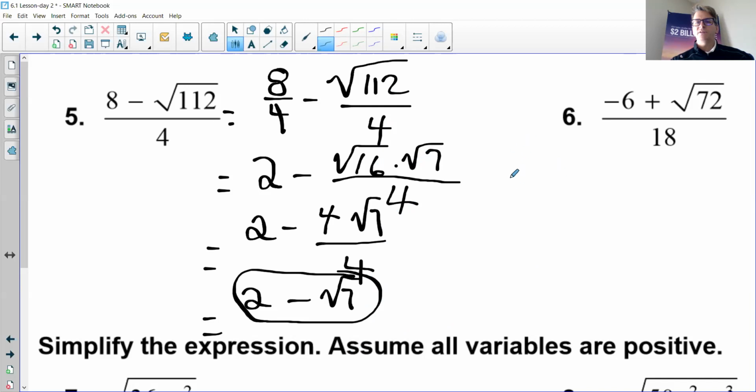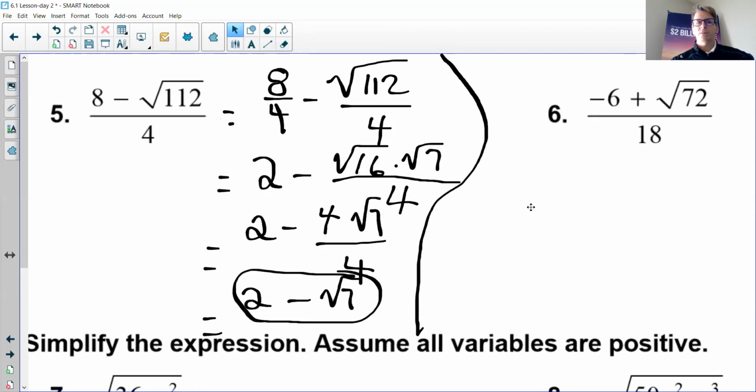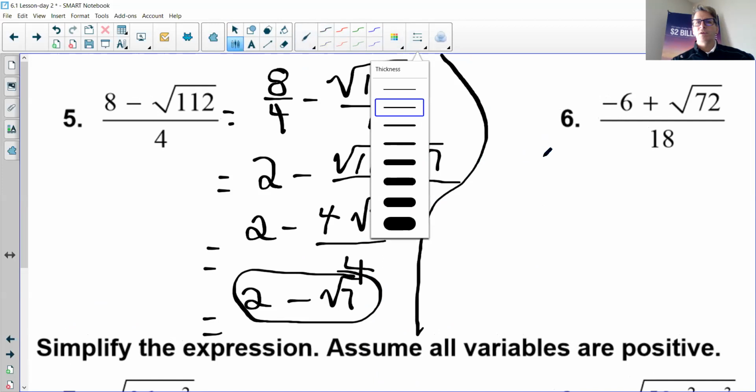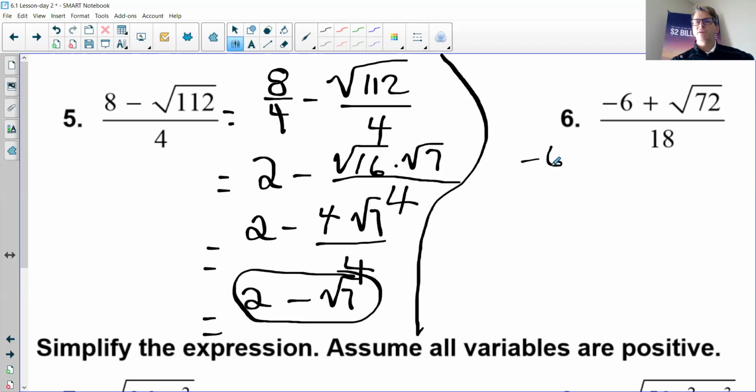All right, then number 6. I'm just going to put a little line through here, get us going. Here we have, again, negative 6 over 18, and you can see that that's going to simplify into negative 1/3. And we have plus square root of 72 over 18.